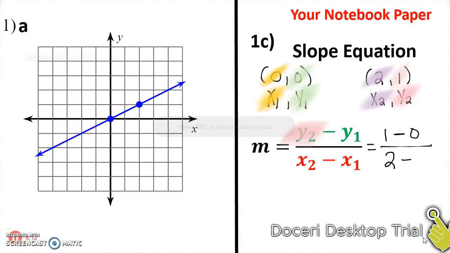So I'm going to substitute in 0 for x sub 1. So my slope formula now says the slope will be the ratio of 1 minus 0, which is 1, over 2 minus 0, which is 2. So once again, I've used a different method for calculating slope.